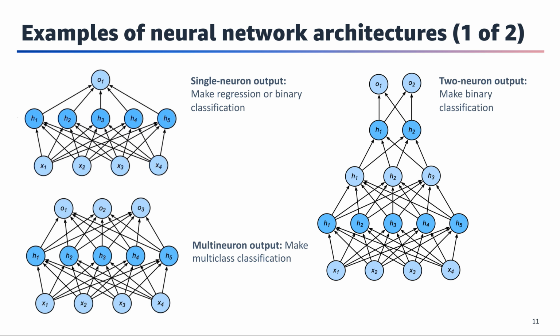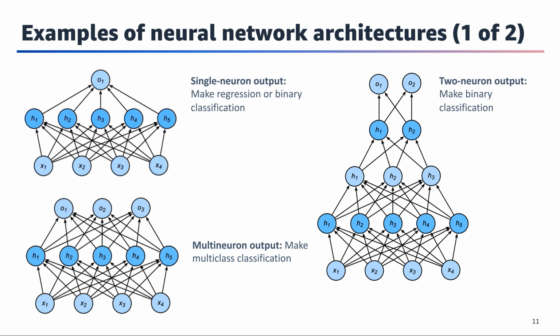For example, for a 3-class classifier, you could design something like the network on the bottom left of the slide. This multi-neuron output architecture has 5 neurons in the hidden layer and 3 neurons in the output layer. Each output neuron generates the probability for each class. As you might guess, for even more complex tasks, such as high-dimensional tabular datasets, images, or text data, more complex architectures can and have been engineered.